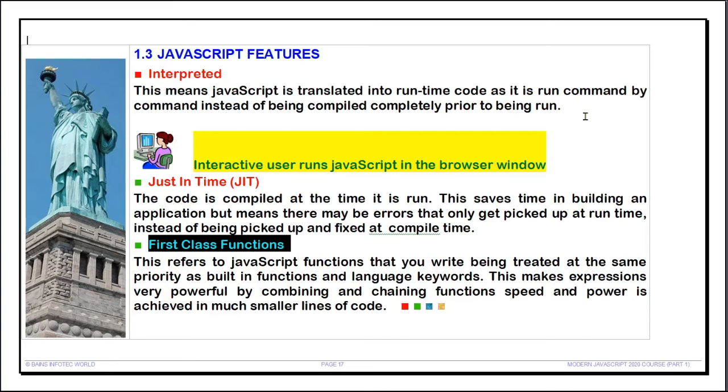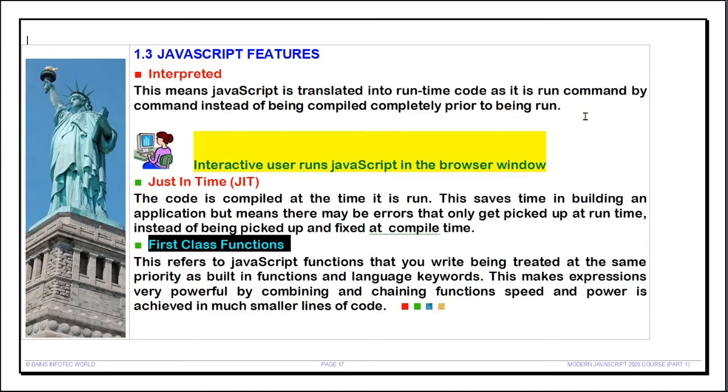This allows you to make JavaScript functions and expressions very powerful by combining and chaining functions. Speed and power is achieved in much smaller lines of code. So by defining your functions and extending the functions within the JavaScript language, you can combine functions, so you can reduce the size of code.